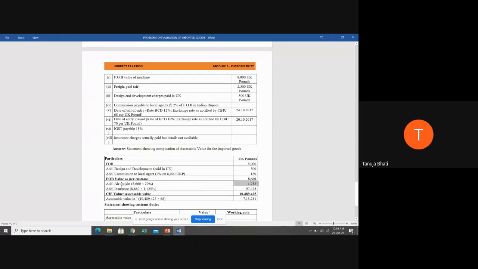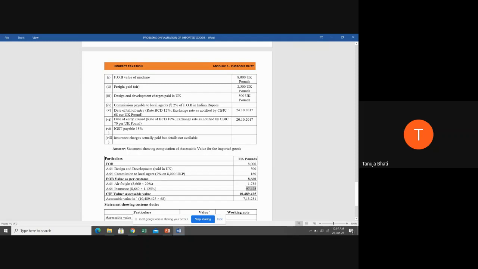Next, add insurance. Since insurance details are not known, you are going to take it as 1.125% of FOB value. Which FOB value? FOB as per customs, which you got as 8,660. So 8,660 into 1.125%, you got it as 67.425.